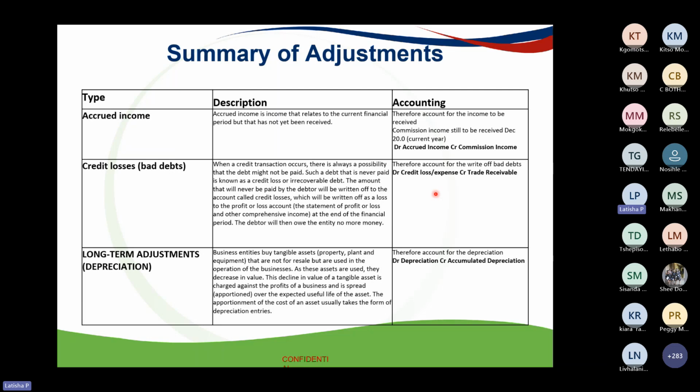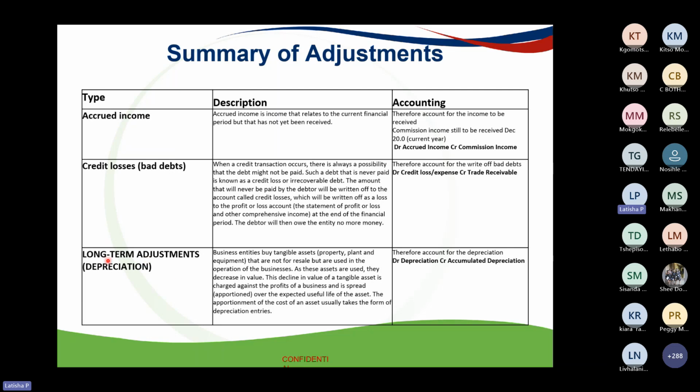Now, because we would not be able to receive that income, we have to write it off as a bad debt. So in that case, it becomes an expense for us. So we debit the credit loss expense and we credit the trade receivable to reduce the asset, because we will no longer receive that income.